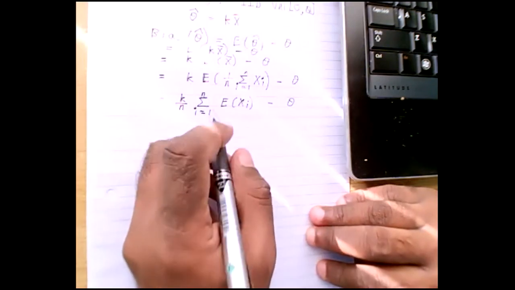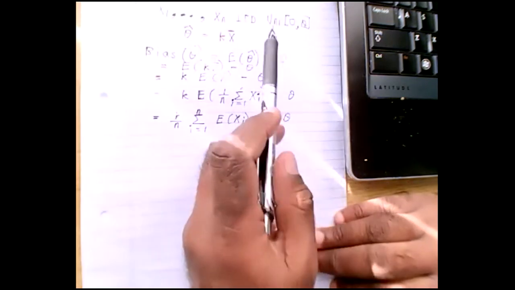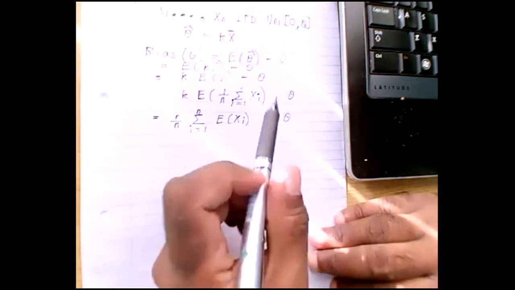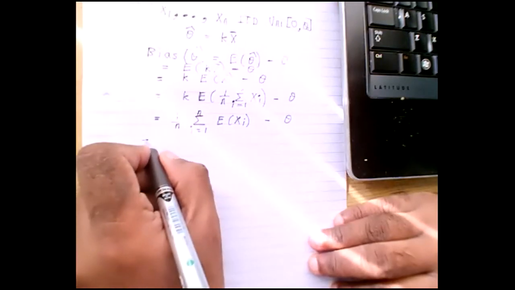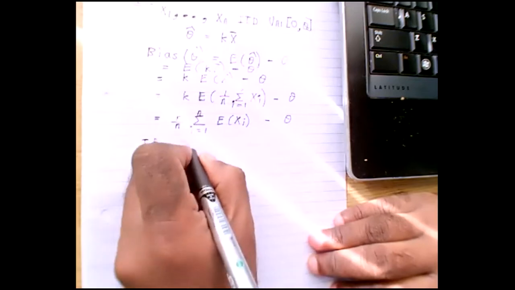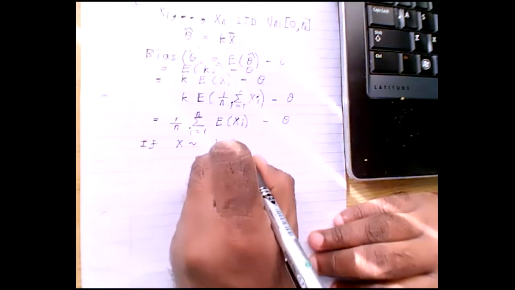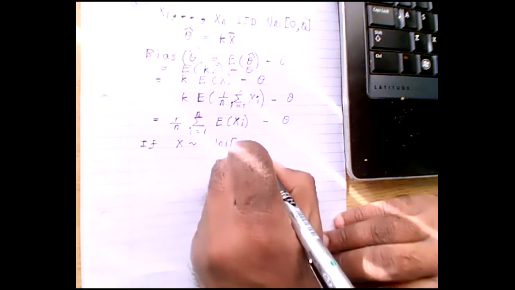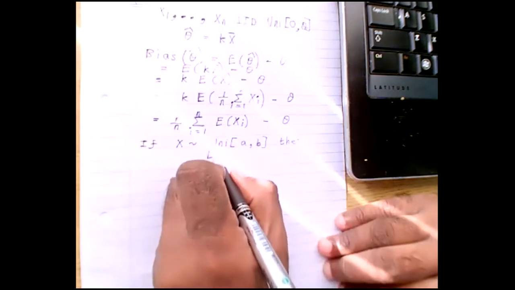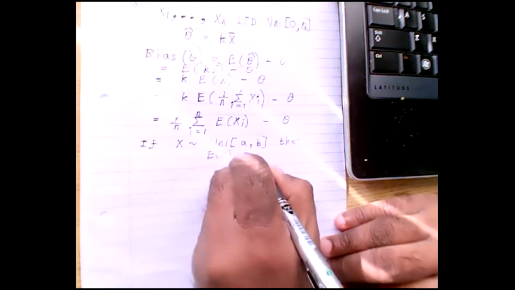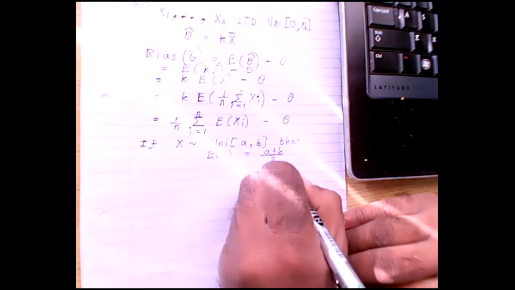Right. Okay, now the expectation of xi is the expectation of a uniform variable on the interval 0 to theta. Now, you may know from probability 1 that if you have a variable x that is uniformly distributed on the interval, say, a to b, then the expectation of x is equal to (a plus b) divided by 2.